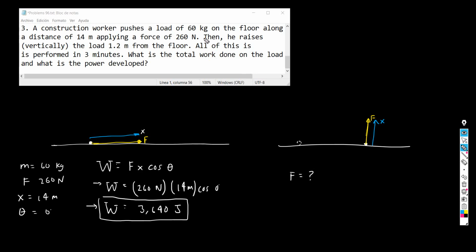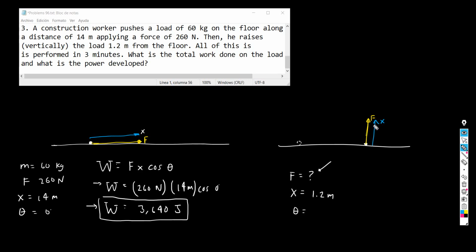If you look at this second part of the problem, starting from here until the end, you won't find this force, and I'm gonna tell you how to find it in a moment. But we do know the displacement. The displacement is 1.2 meters, and we also know the angle, because once again, both vectors are parallel.